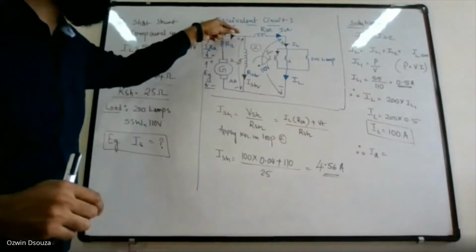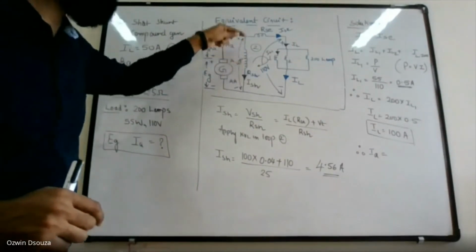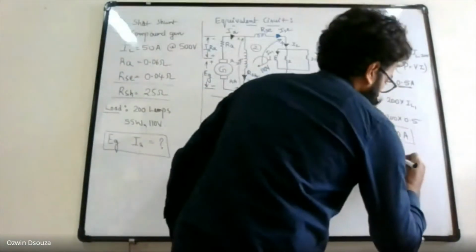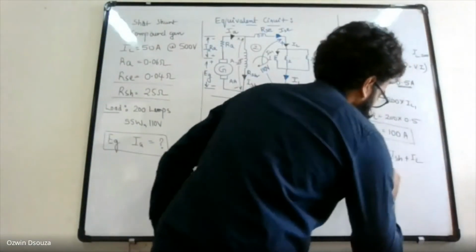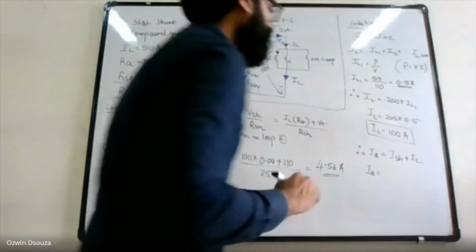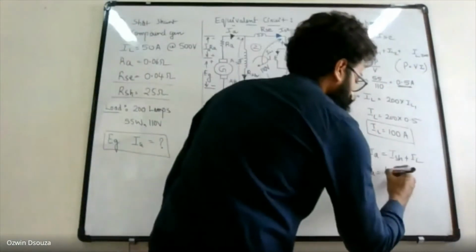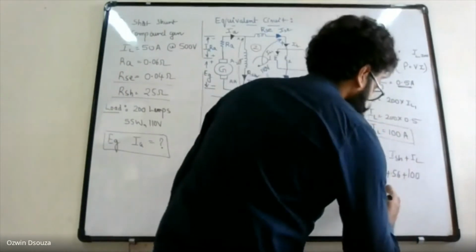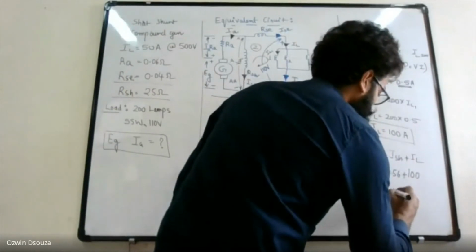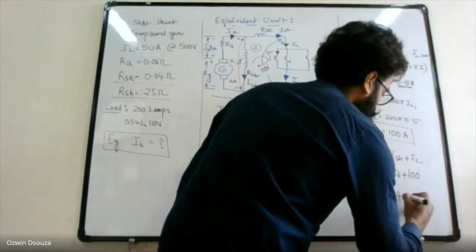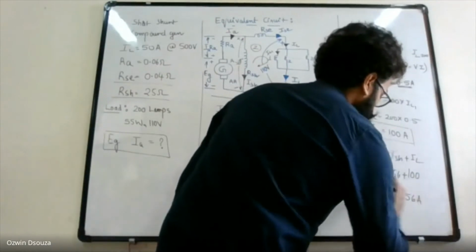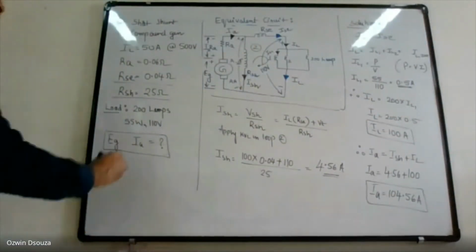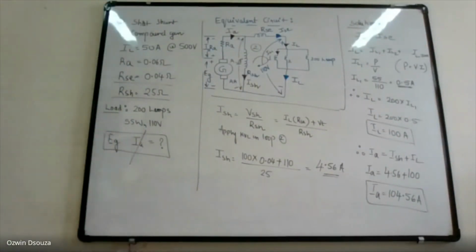Incoming current is IA and outgoing currents are ISH and ISC, which is nothing but IL. So IA is equal to ISH, 4.56, plus IL, 100. So armature current IA, you will get it as 104.56 amperes.